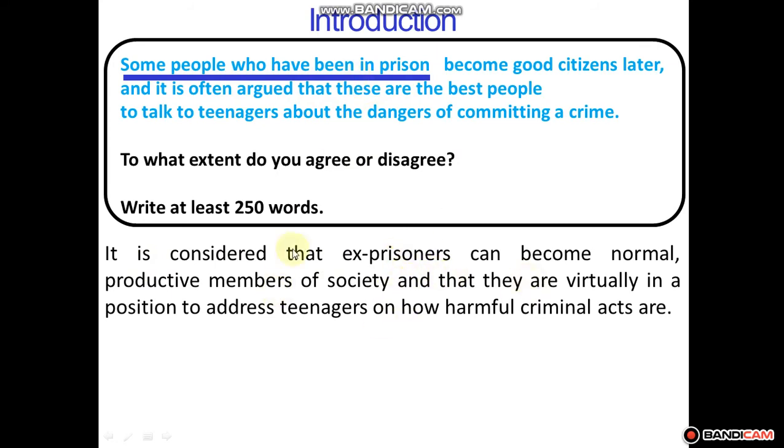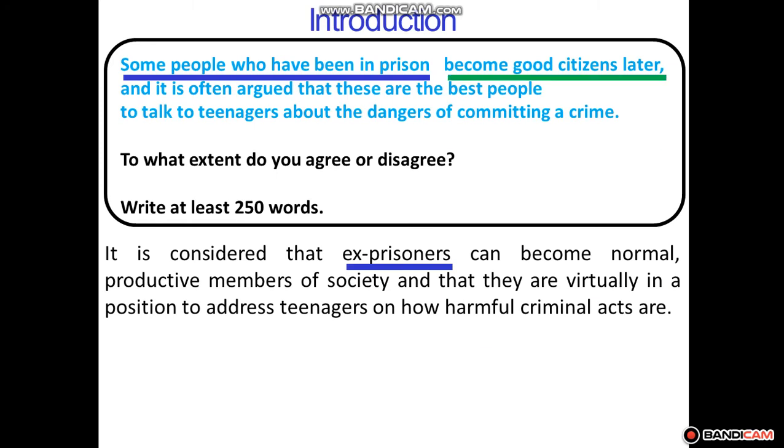The same color will be reflected beneath this question card. So please follow this color. In the question card, we had "people who have been in prison," and in our paraphrase we have done, "it is considered that ex-prisoners," just one word.